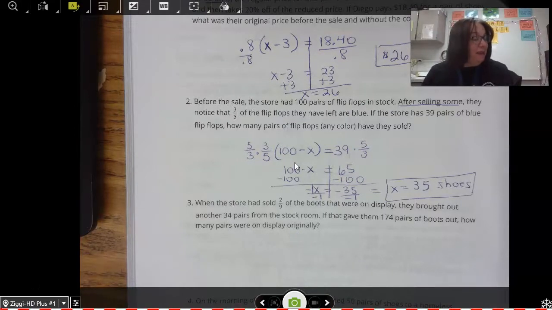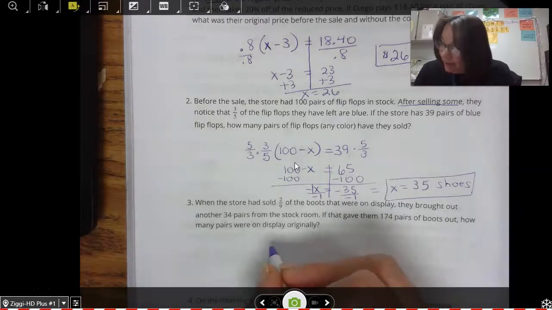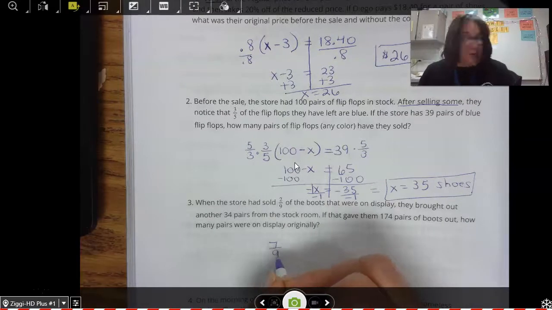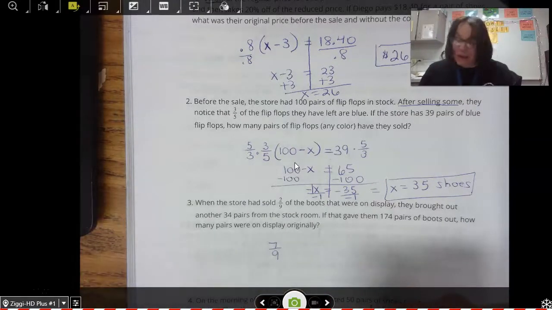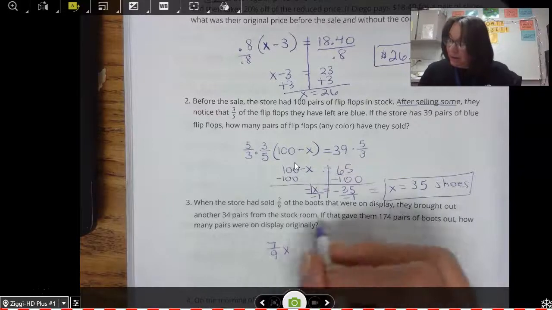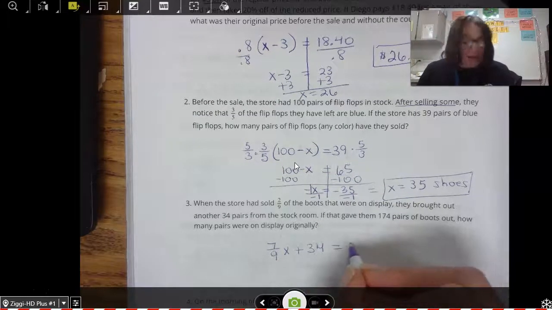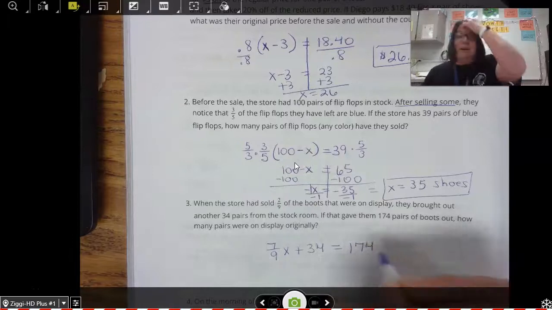So, if they sold 2/9 of the boots, that means that they have 7/9 of the boots left, right? 7/9 of the boots that were on display originally. And then they brought out another 34 pairs, and altogether that gave them 174 pair of boots.